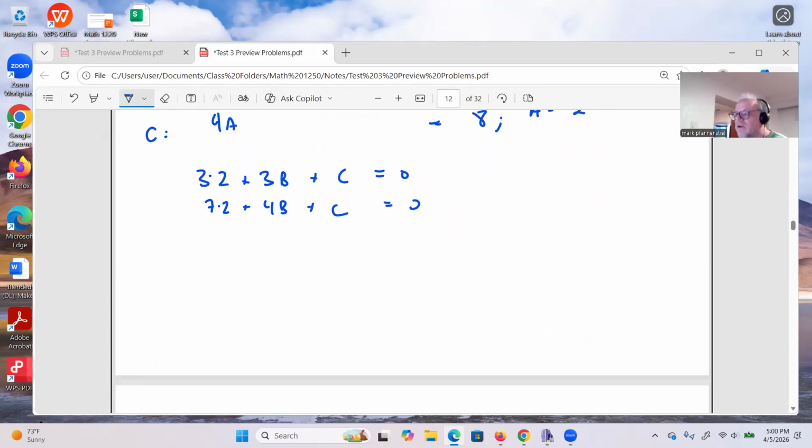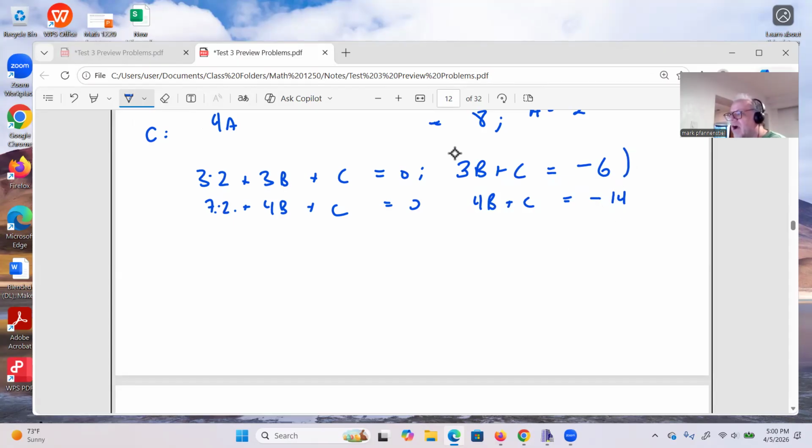So we've got 3B plus C is equal to, well, 3 times 2 is 6, I'm going to put this 6 on the other side, equals -6. We have 4B plus C is equal to, 7 times 2 is 14, so we end up with a -14 on this other side.